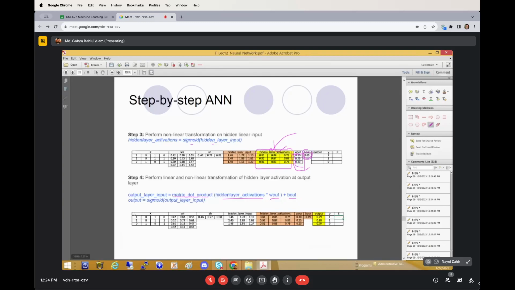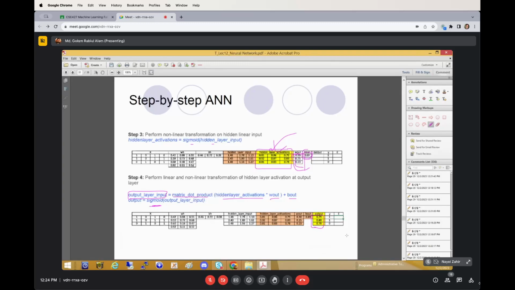Then we will get the output layer input. And this output layer input we have to pass through the sigmoid function to get our original output. So this is our predicted output. Okay, so that means this is the end of our forward propagation. So in forward propagation we will get up to this value.